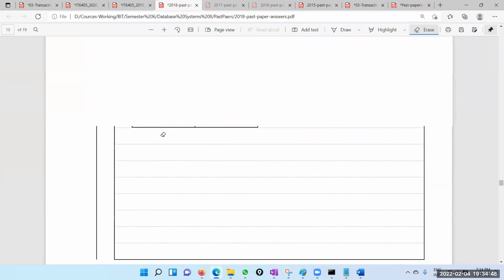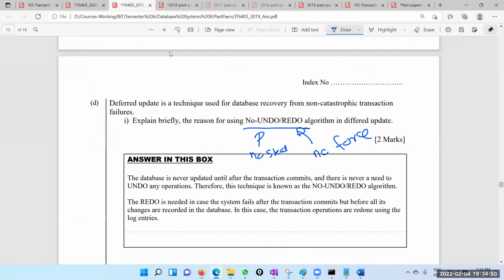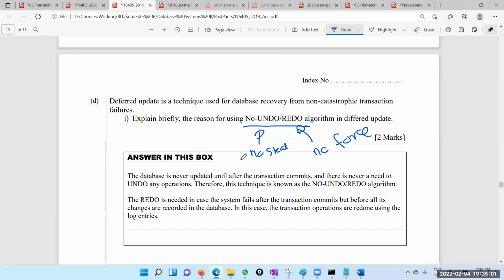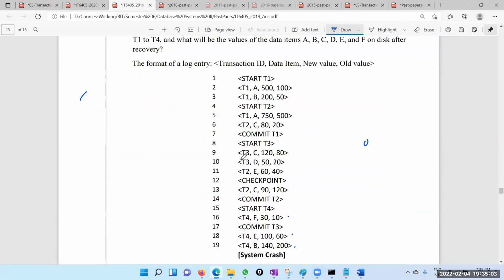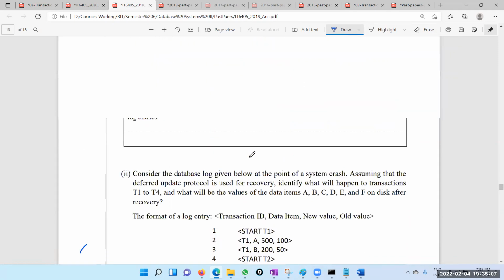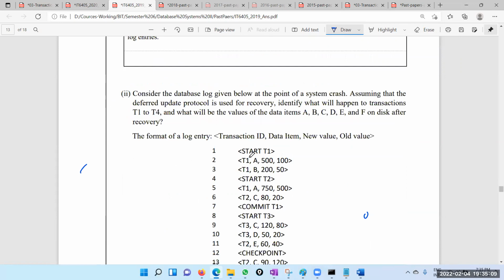Now let's move on. Now you know that we don't have to do redo, but we have to do undo, because it is deferred update. Okay. Because deferred update means no steal, no force. Now let's look at this one again. Now remember, no steal, no force. That is the database setting, right?